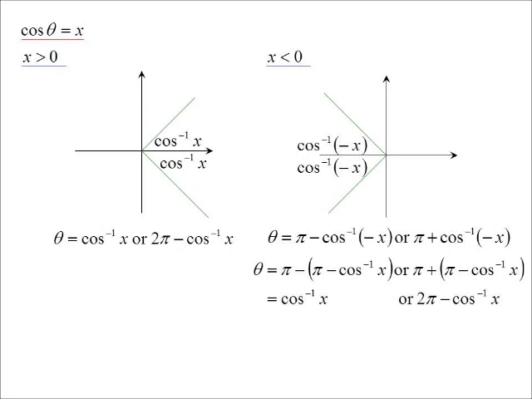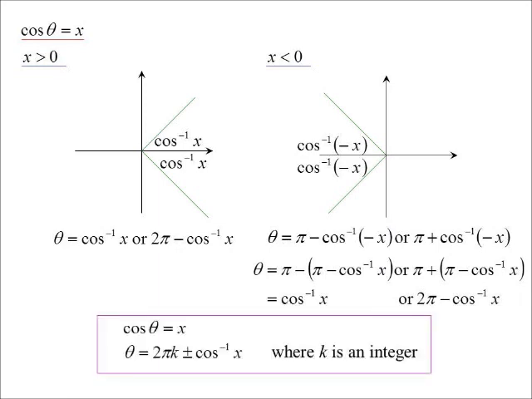So once again, it does not matter whether x is positive or negative, we come up with the same solutions. And of course I could add 2 pi to each of these. So we've got inverse cos of x, 2 pi minus the inverse cos of x. The next solution then would be 2 pi plus the inverse cos of x. Then it would be 4 pi minus inverse, and so on. So the general solution for this one, if cos theta is x, we'll get multiples of 2 pi plus or minus inverse cos of x.